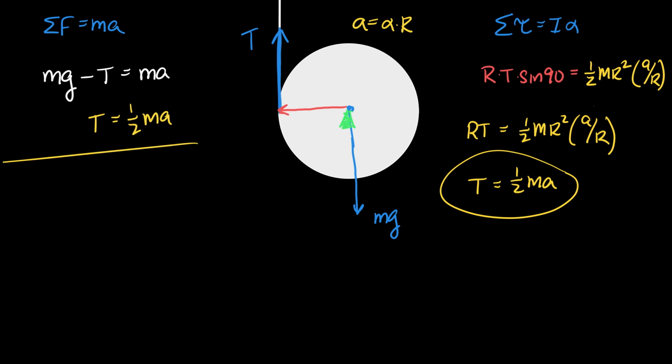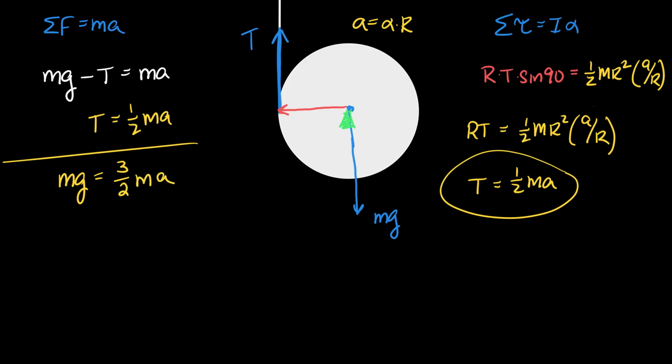So although this one, we don't have to worry about the parallel axis theorem, we do have to use both equations because we got tension in it. But does this one look like it adds together pretty quickly? I think so. Do the T's cancel? So the left side will be mg. 1/2 Ma plus Ma, what does that equal? 3/2 Ma.